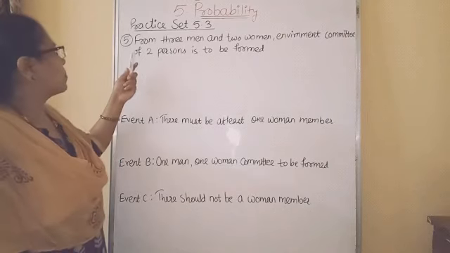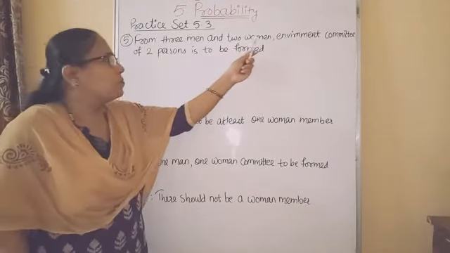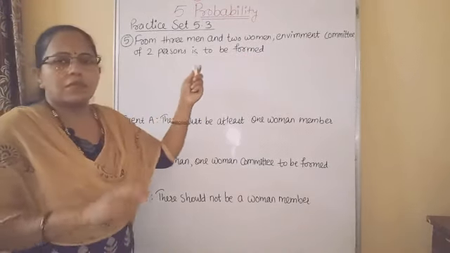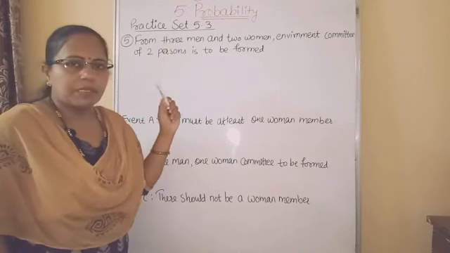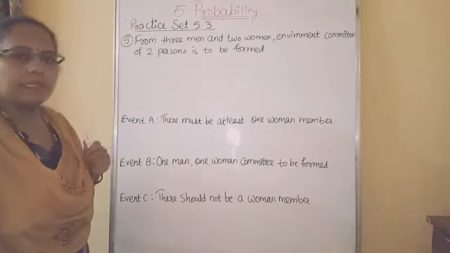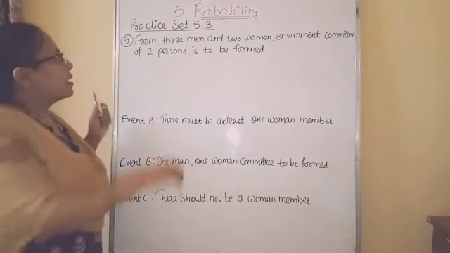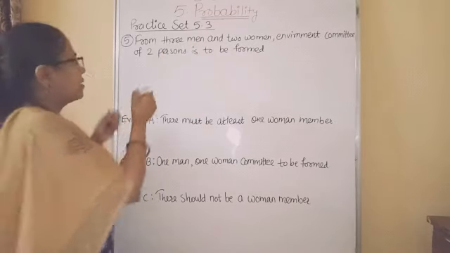Next one. From 3 men and 2 women, a committee of 2 persons is to be formed. Okay, this is the random experiment, and from that we have to write these events. So let's first write down the sample space. We will give labels for the 3 men and 2 women.